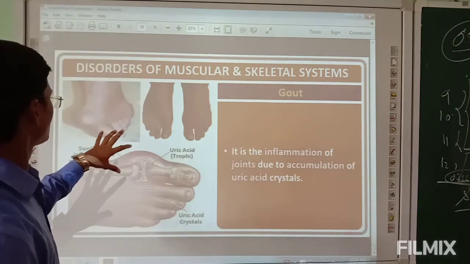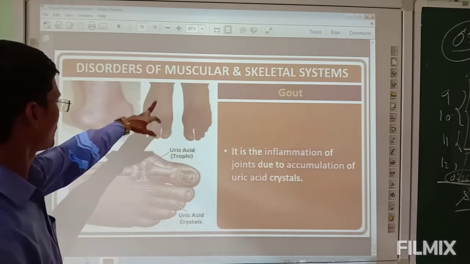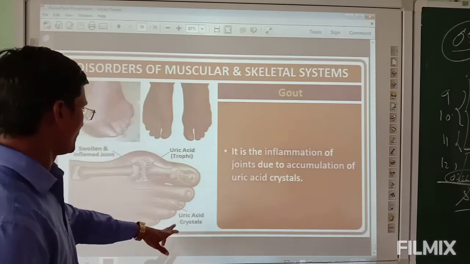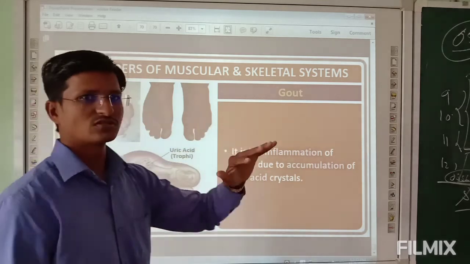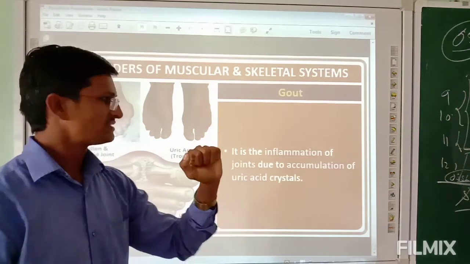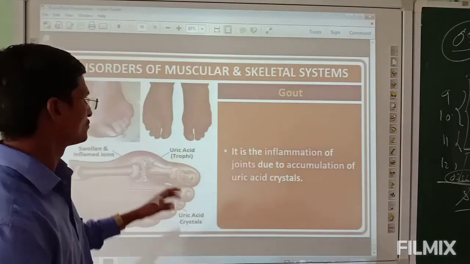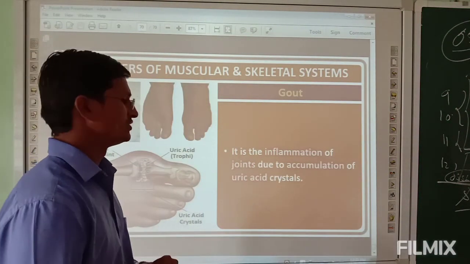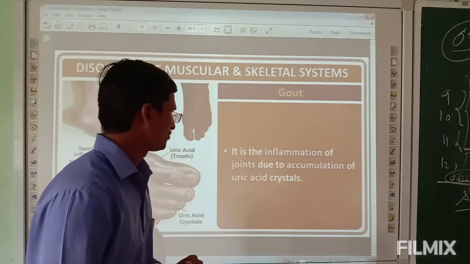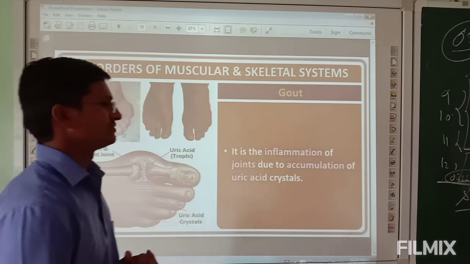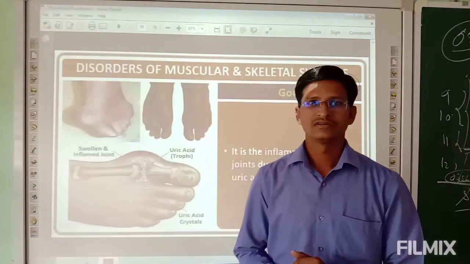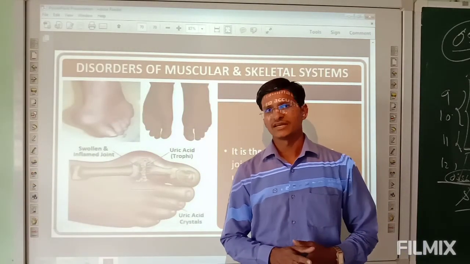Here you can see in the figure uric acid crystals are there. That is why there is dysfunction of the fingers, with inflammation of the joints due to the accumulation of uric acid. So these are some disorders of the muscular system and the skeletal system.